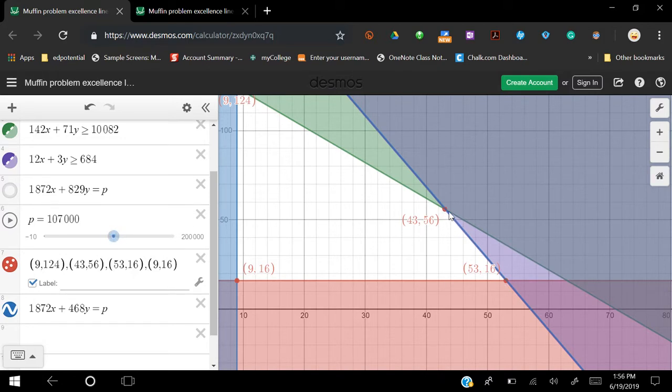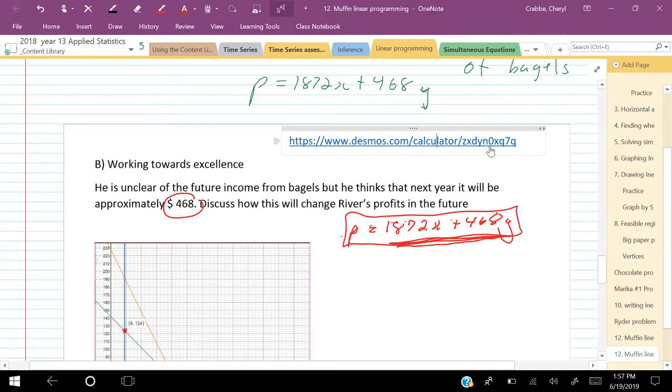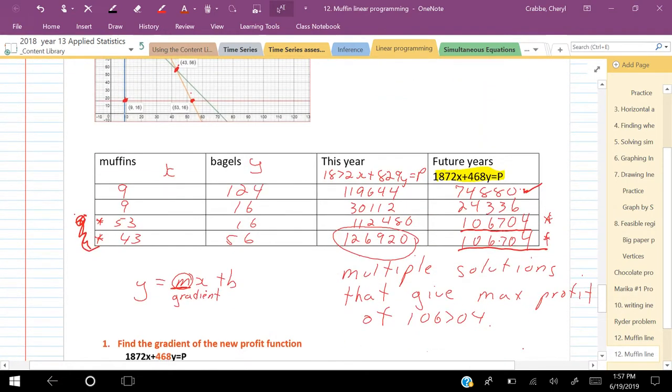Now, this is a bit of an estimate, so it's not exactly on, but it's going to give us a profit of around 107. Before, we ended up getting 106,704. So it's just a little off of that, basically.